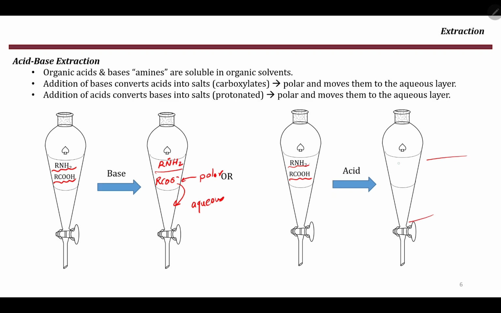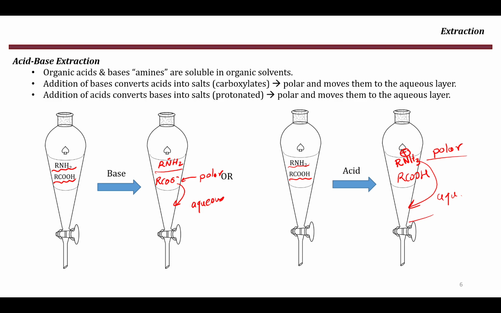And the amine will be protonated, so it will become RNH3 plus. Again, this is positively charged, so it is polar. So instead of staying in the organic layer, it moves down to the aqueous layer, which is more polar, whereas the acid will stay here. And because of this, we can separate them.